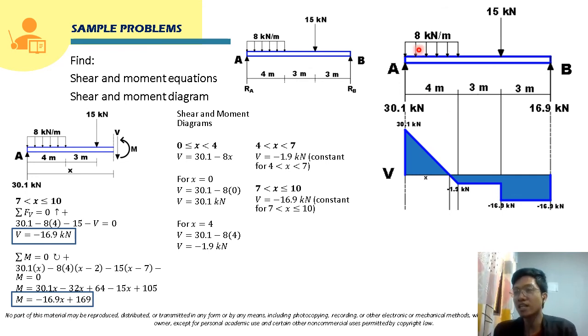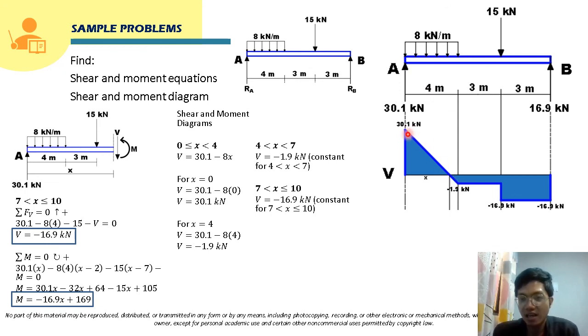The loading here, class, is a rectangle, so the shear must be a triangle. And the load here is negative constant, so the shear will be sloping down. It should be sloping down, and it's just a straight line, since this is just a triangle.